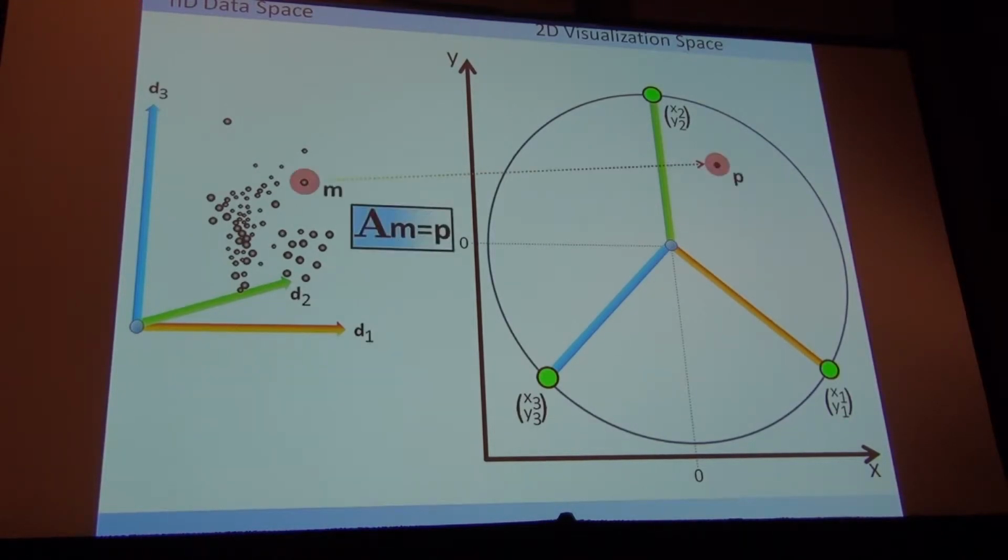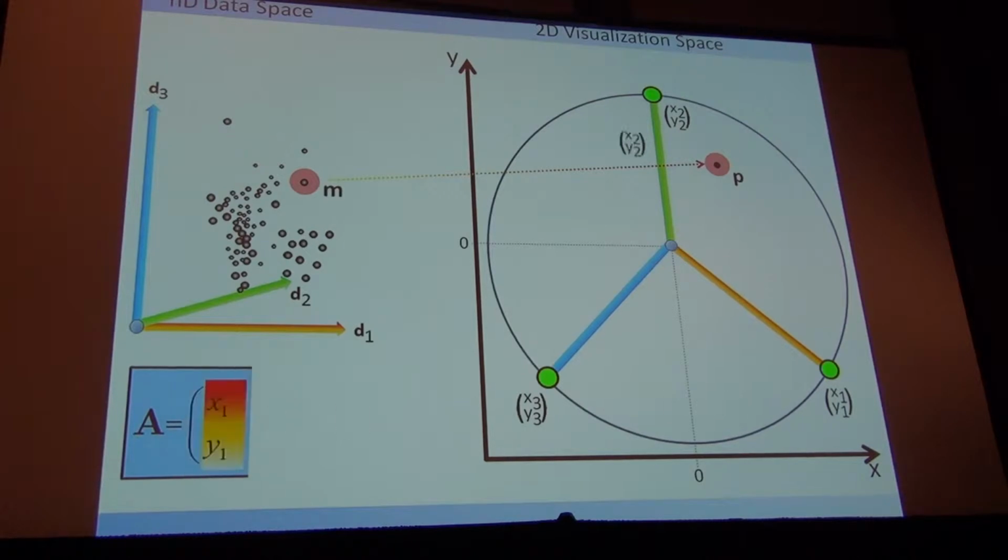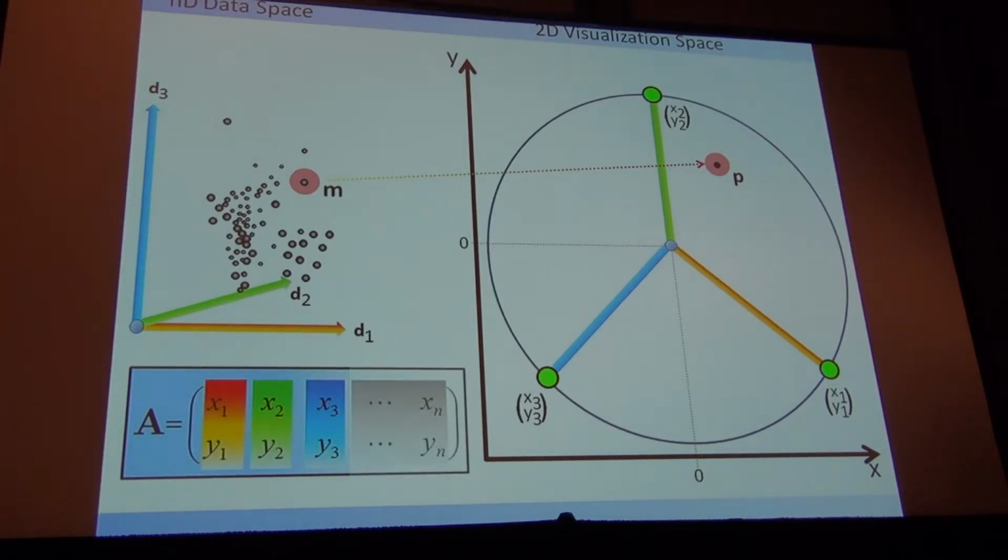And a data point M is now projected onto a point P in the visualization space just by applying a simple matrix multiplication with the matrix A. This matrix A can be constructed simply by collecting all the axis representations of the visualization space, so the X and Y components.